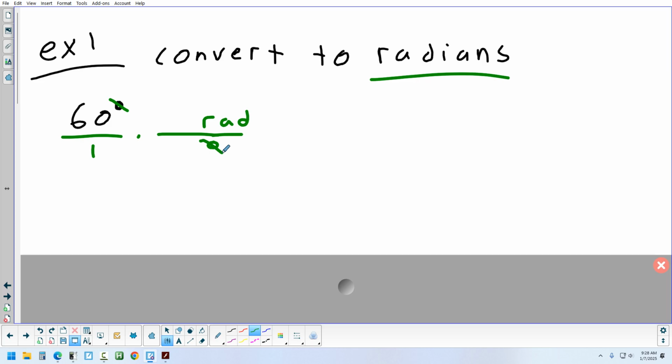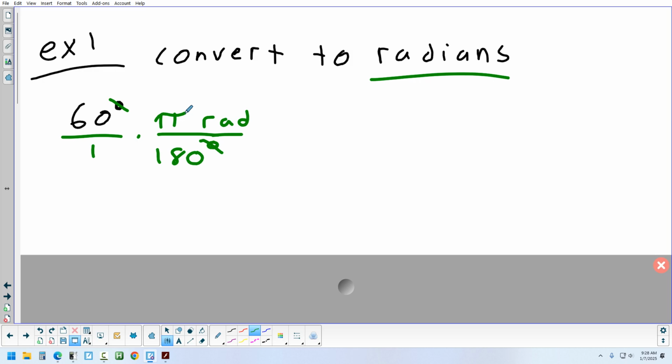Now we just need to write down what number is connected with each one of those. What number did I say to always think of when you see the degree symbol? Yep, that's going to be the 180. And what number did I say to think of when you see the radian? Pi. Okay, now we just do that out, and that's our answer.